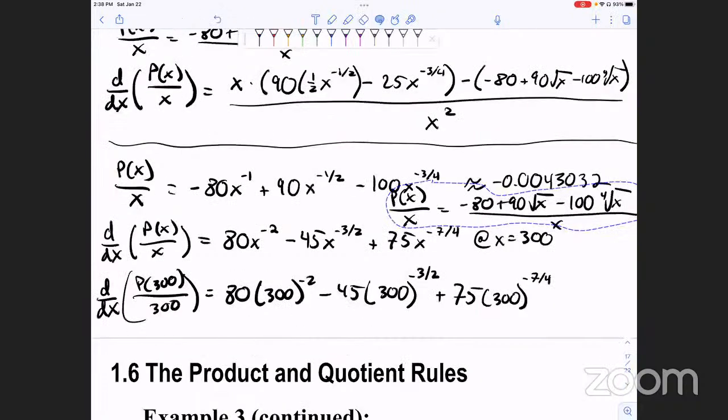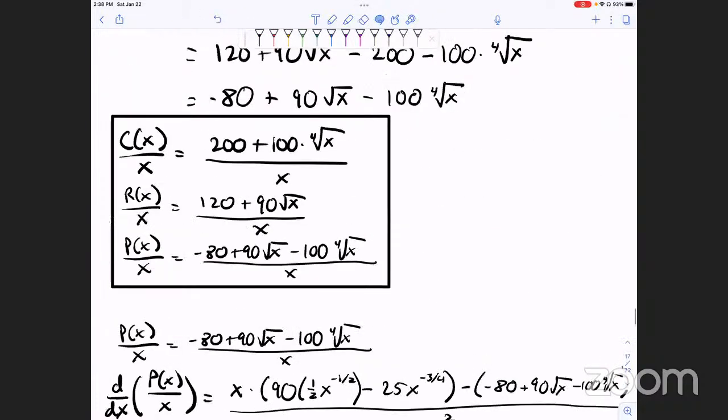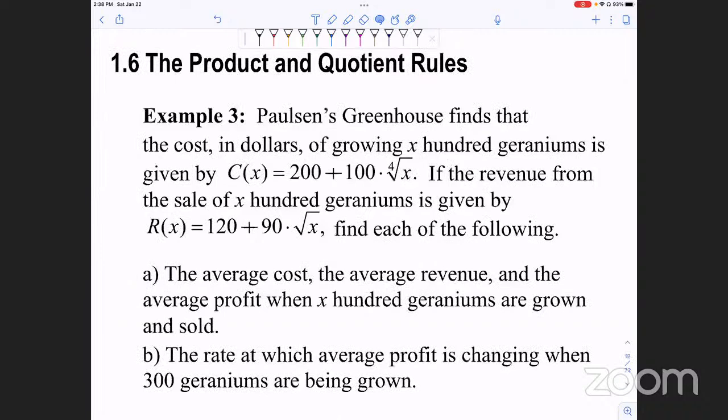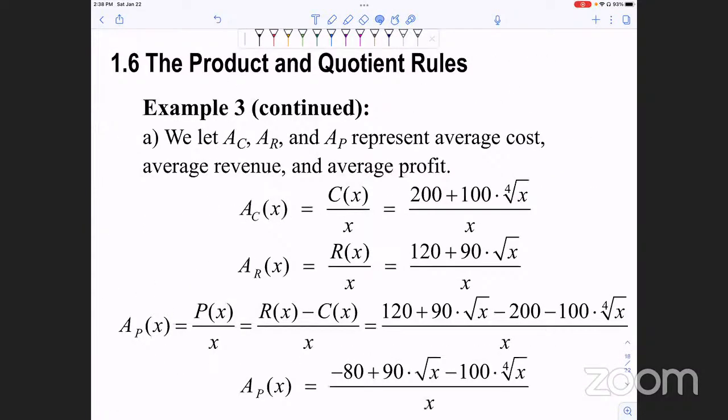Let's see what's the prepared notes, right? Okay, so they abbreviated the average cost, average revenue, and average profit.